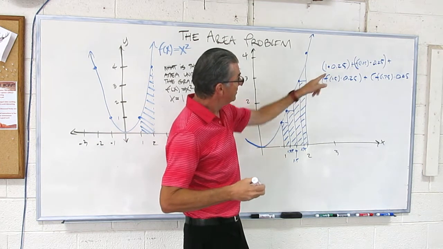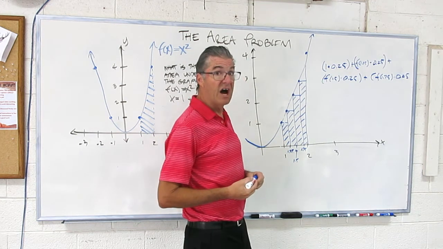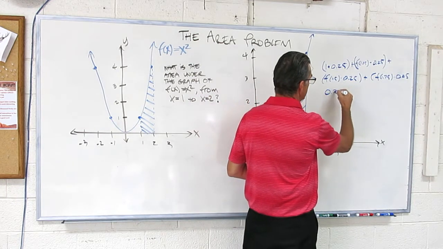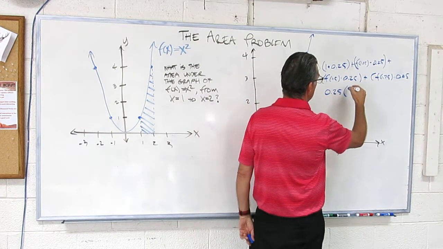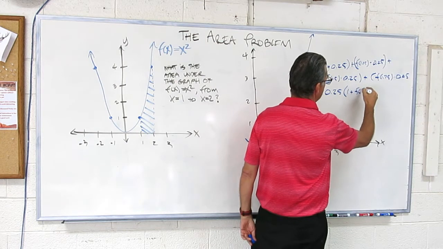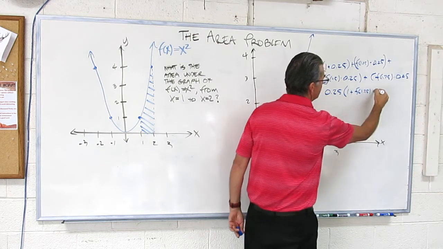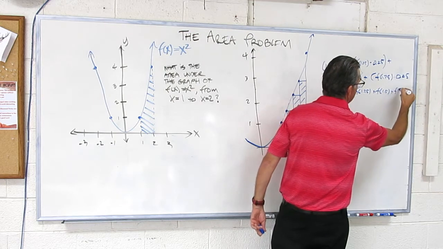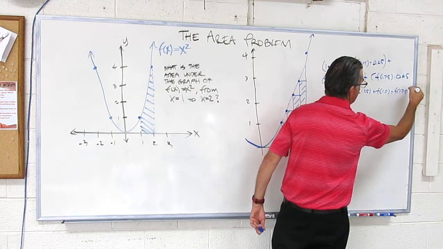So let's factor a little bit here because I've got a 0.25 in each of these terms. So now I can factor that out: 0.25 times 1 plus f of 1.25 plus f of 1.5 plus f of 1.75.